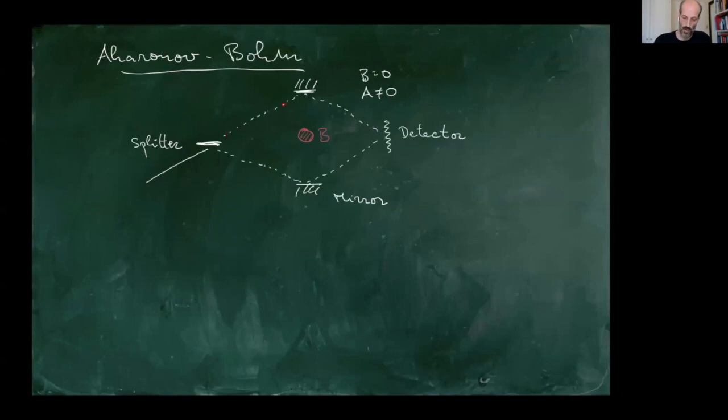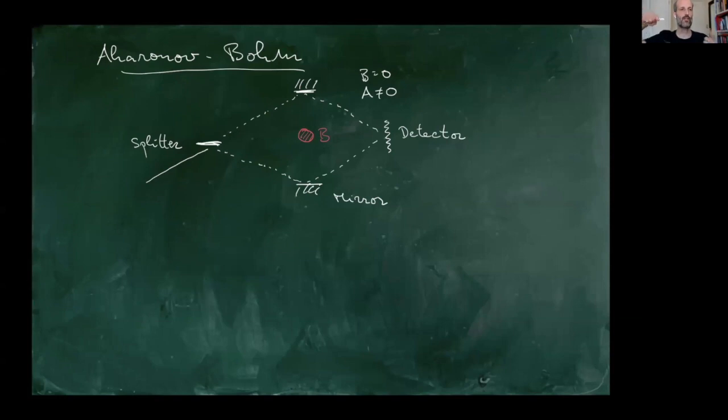So here, if you go around the whole setup once, you end up accumulating a phase which is given by essentially the integral of that vector potential along a loop that goes around that experimental setup.